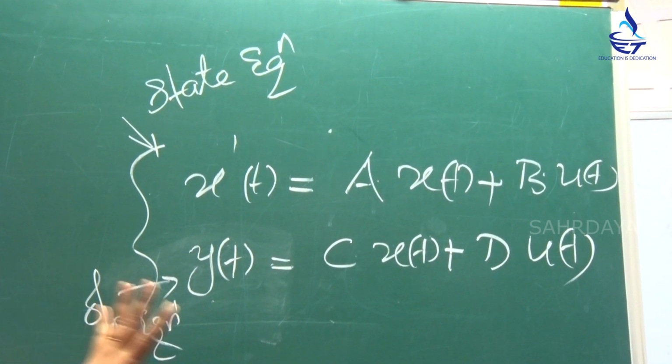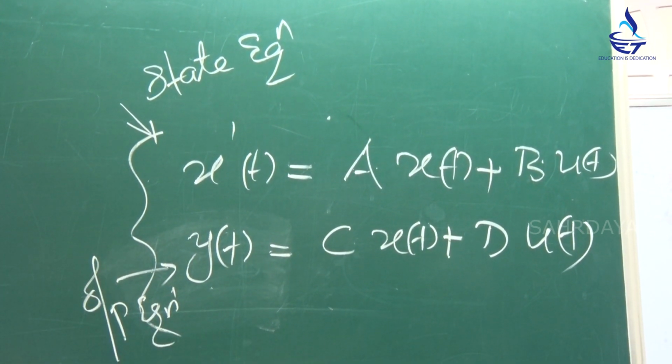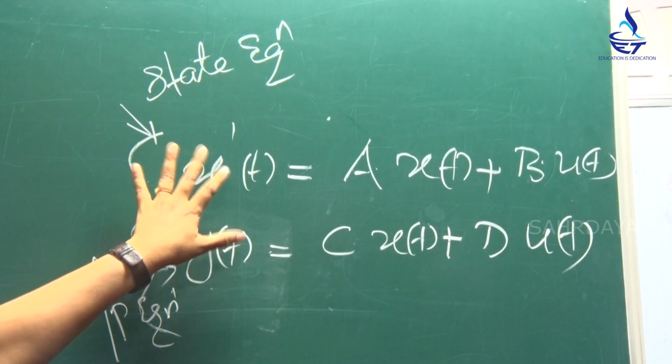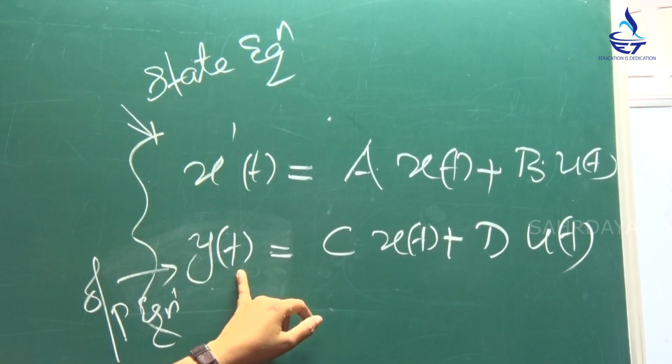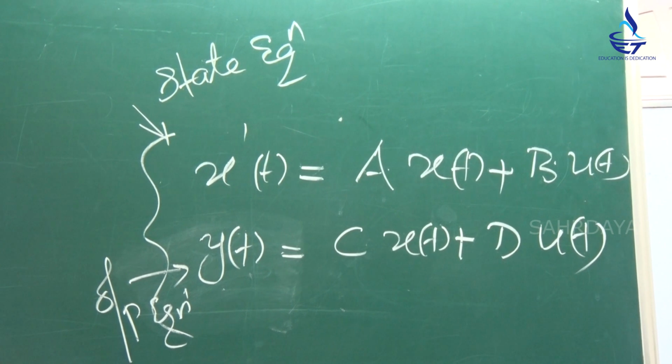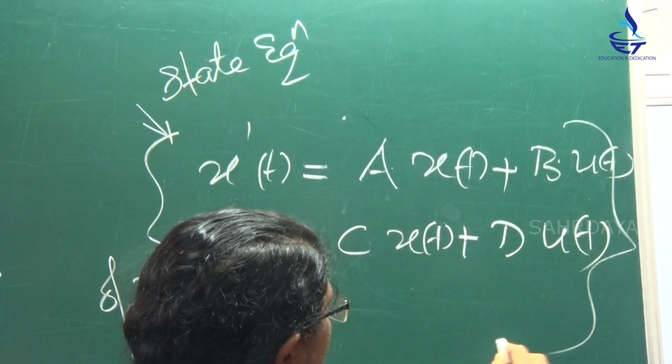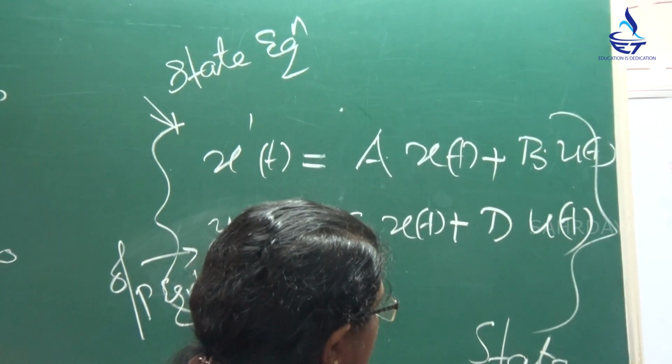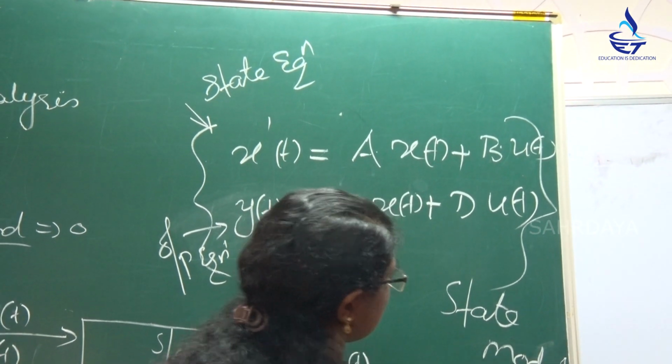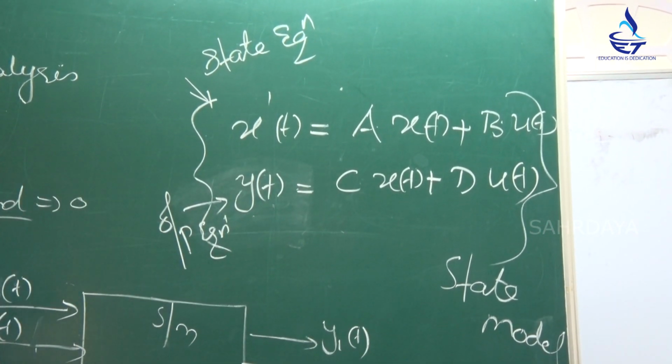So every system, if we are representing it in the state space model, you have a state equation and you will have an output equation. And these two equations together are known as the state model of the system.